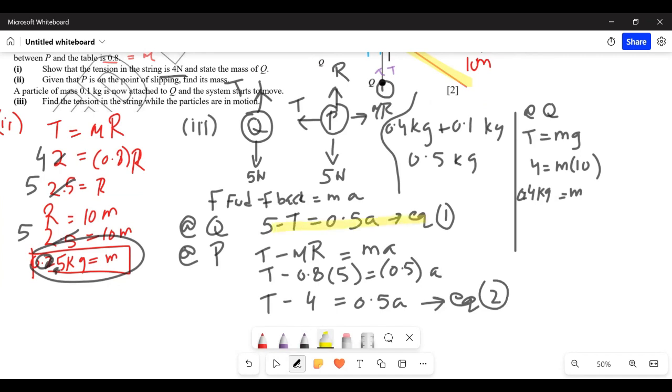Now you solve these equations simultaneously and get T and A. They have asked only for the tension, so you don't need to find A directly. Eliminate A and find T. Tell me what you get please.